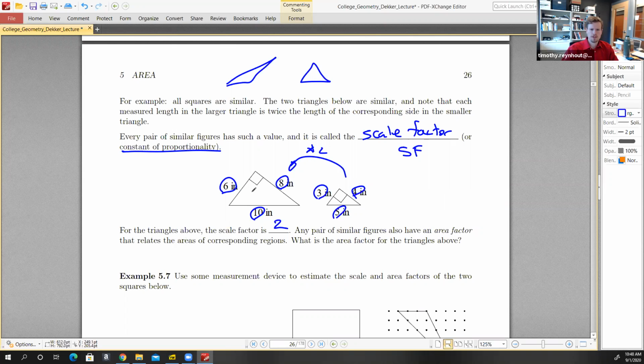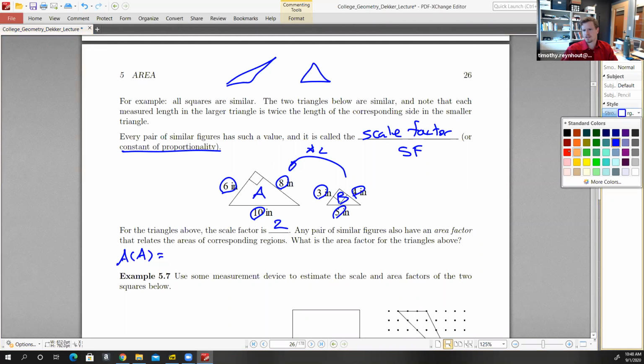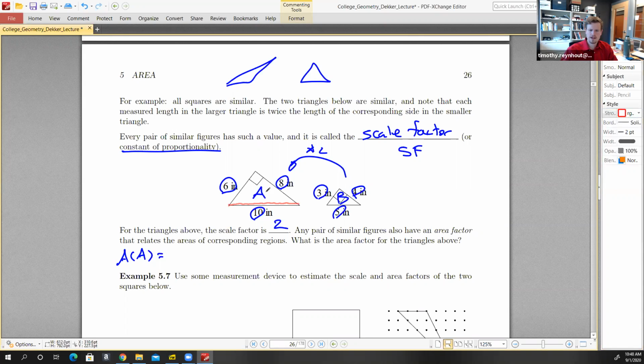Well, if we call this triangle A and we call this triangle B, the area of A is equal to, now you might say to yourself, well, all right, so now we need to find ourselves a base, call it this guy, then we need to find the altitude, but don't overcomplicate things, right? Any side can be the base, not necessarily the one on bottom.